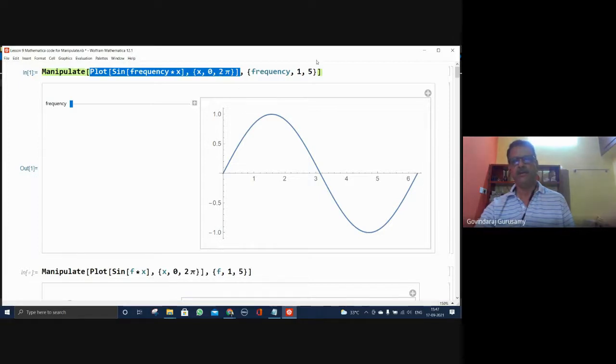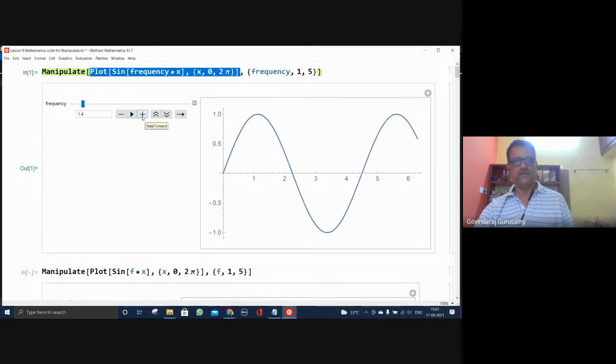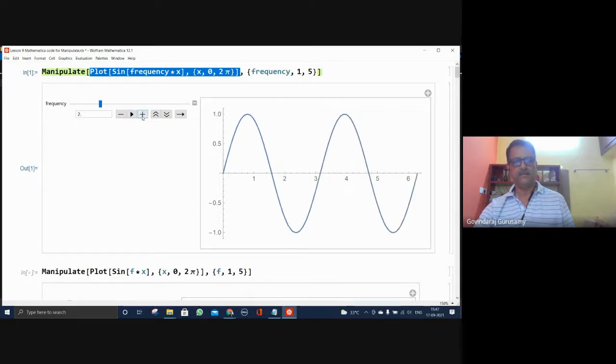Suppose I want to see what happens when the frequency becomes 2, 3, 4, 5, and I want to repeat back and forth and see those results. How do I do that? This option is given: Manipulate. Manipulate has so many options. I can go in steps of 1, or in fractions, and when we come to 2, I have 2 waves here.